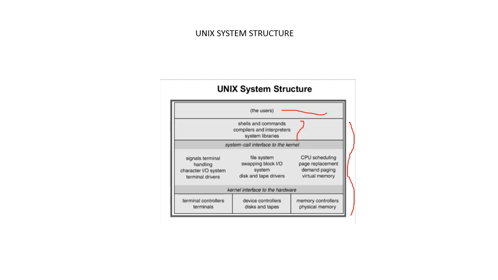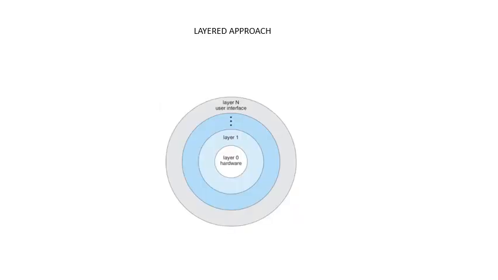So we're going to discuss a new structure or approach, that is the layered approach. What is the layered approach? The name itself indicates it: layered. Here the whole operating system is separated or divided into different layers as shown in the diagram.